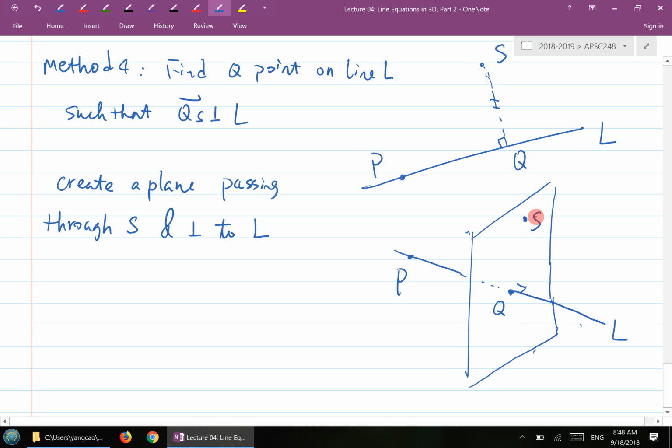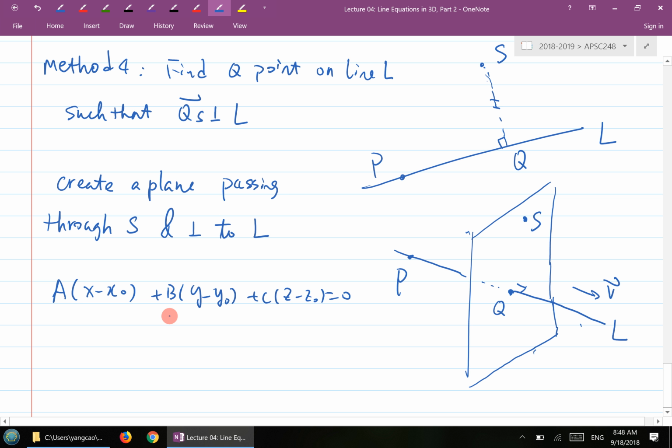V, exactly, because the plane is perpendicular to the L, so it is perpendicular to V. Then all I need is to create the plane by substituting into the plane equation, where A, B, C are the normal vector, and x naught, y naught, z naught is the point the plane goes through.